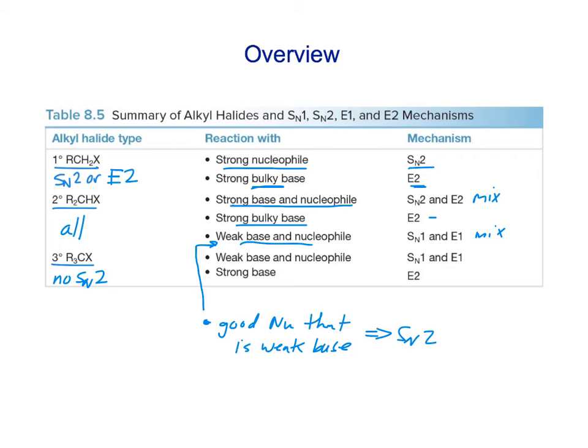Remember, these are things like thiolates, cyanide, and some of the halides. For tertiary, if we have a weak base or a weak nucleophile, we get a mixture of SN1 and E1. And if we have a strong base, whether it's small or big, we get E2 elimination. We cannot do SN2 for a tertiary alkyl halide.